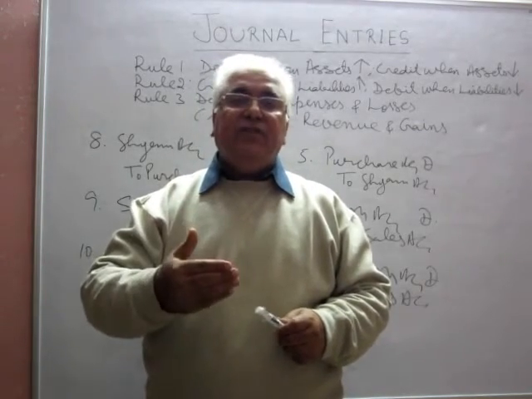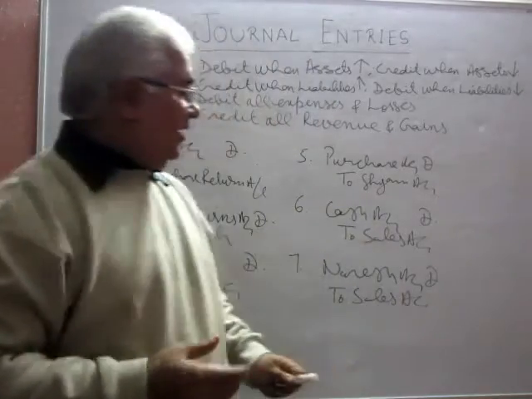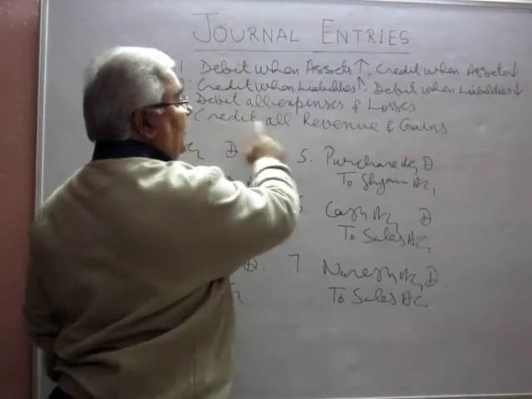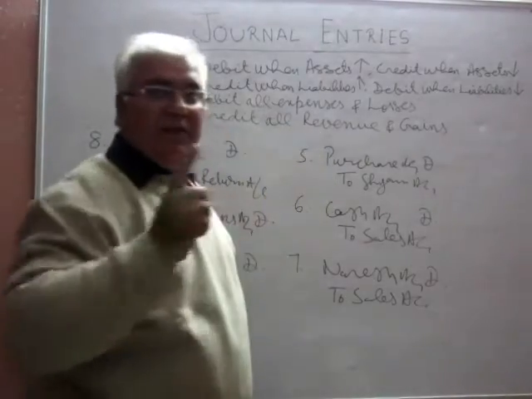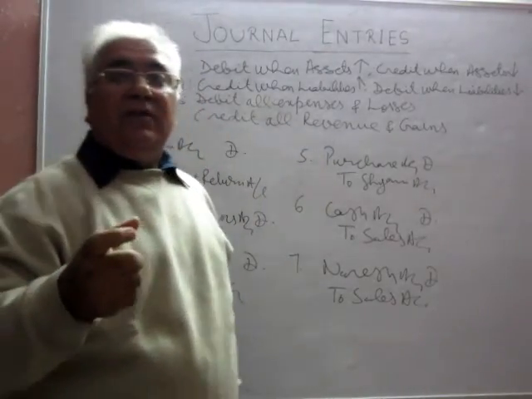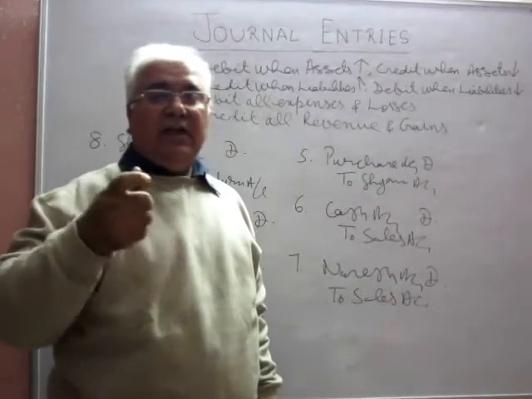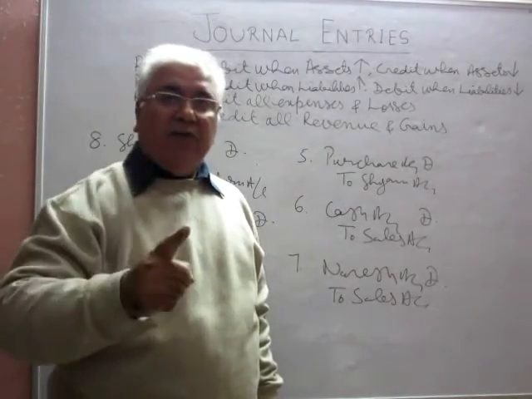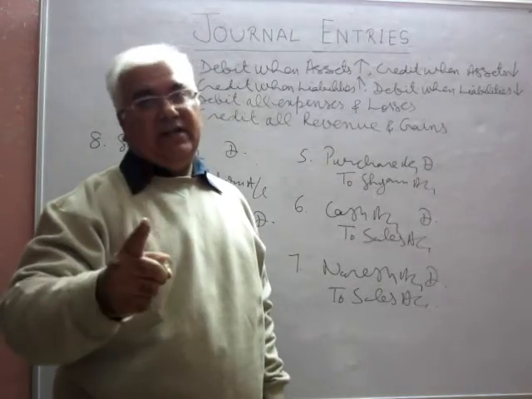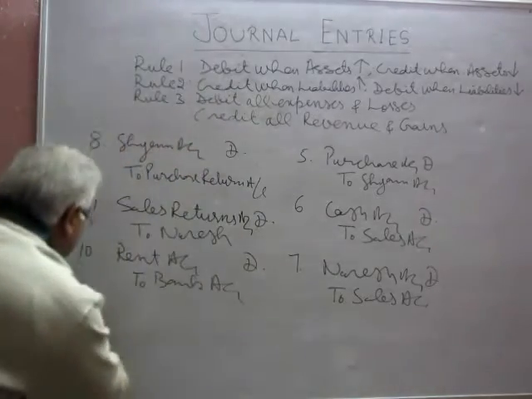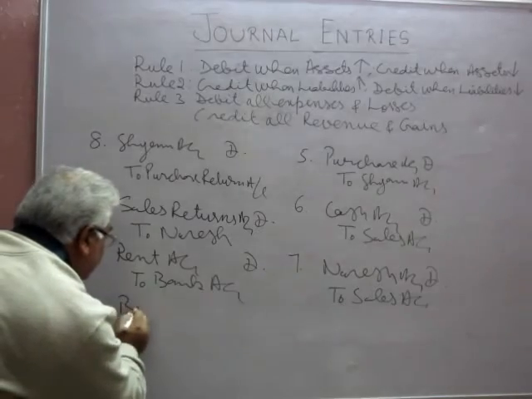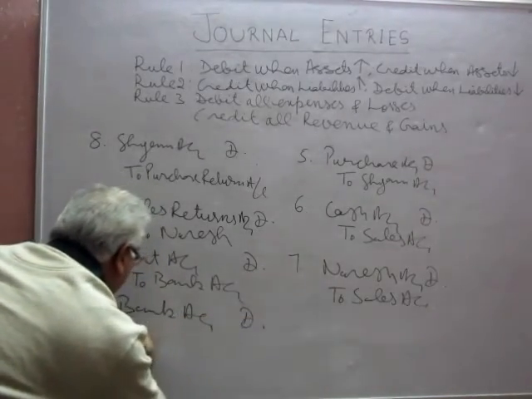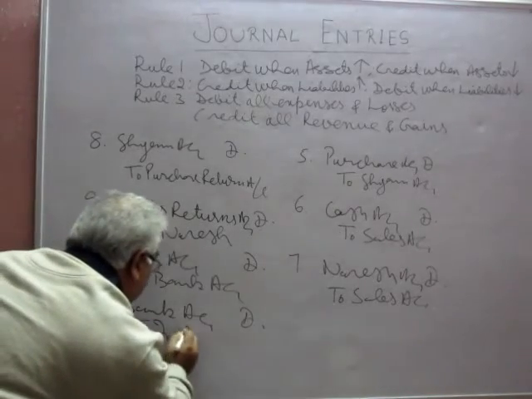And since we have received income on account of interest, the rule for that is credit revenues whenever we receive them. So the interest account will be credited. So the entry will be bank account debited to interest account.